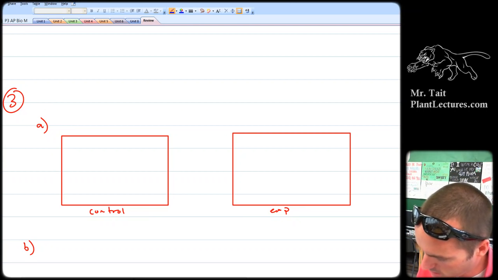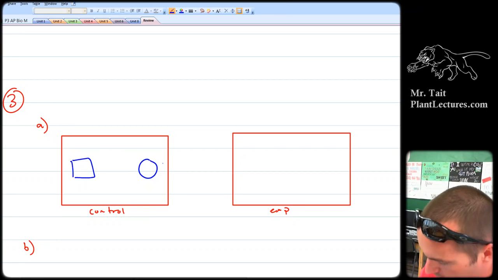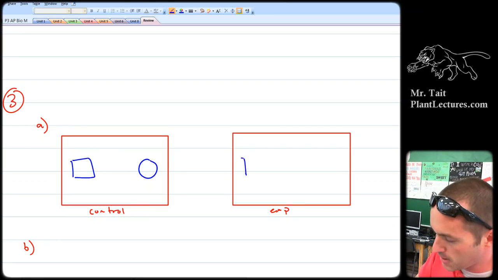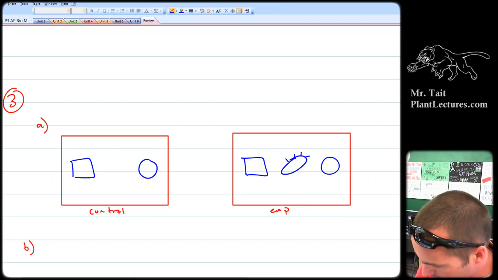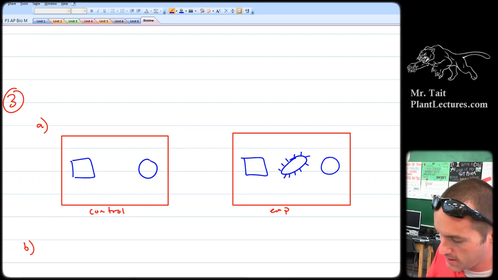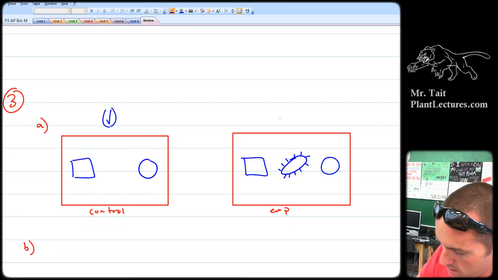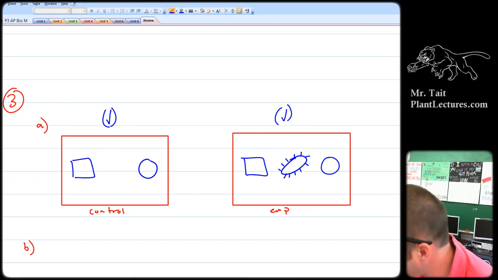Okay, so we had, in the control, the male and the female plants. And then the experimental, we had the male and the female. And then we also had the mobile invertebrates. That was hard. So that was check 1, check 2. Hopefully we only need 2 points on that question, right?